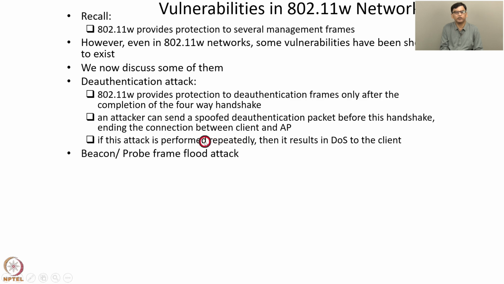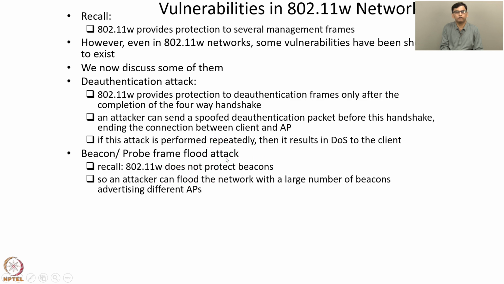Another example of an attack is the beacon or probe frame flood attack. So recall that 802.11w does not protect beacons, and that's because beacons are sent right at the beginning before the four-way handshake has completed. So an attacker can flood the network with a large number of beacons which advertise different access points.